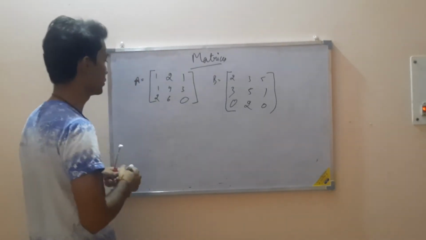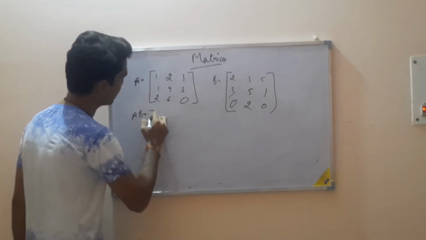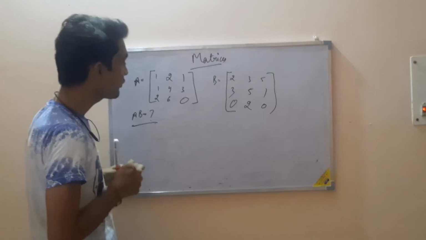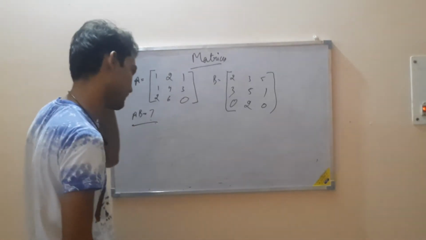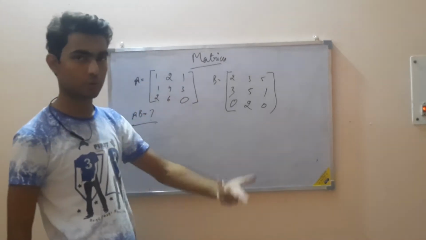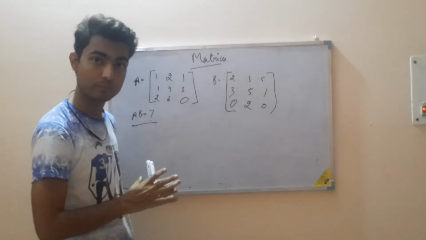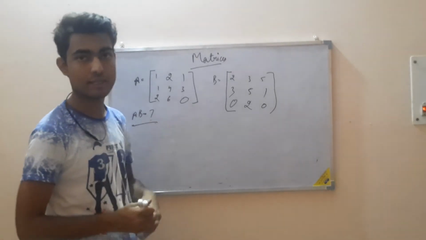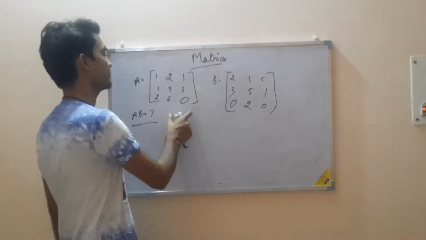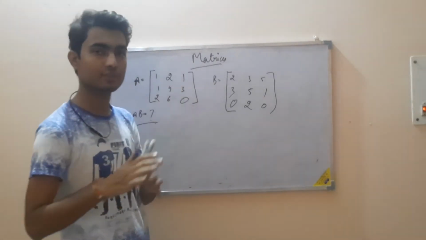So again for matrix AB, think on your own. See, the process is still the same, just what we have done is we have increased a dimension. It was 2 cross 2, now it is 3 cross 3.